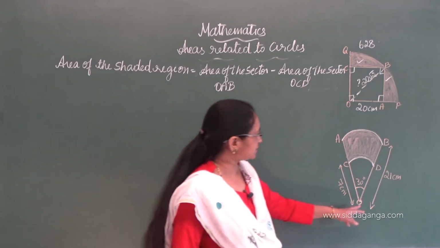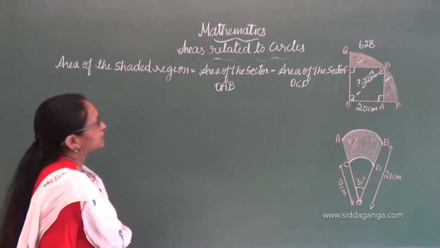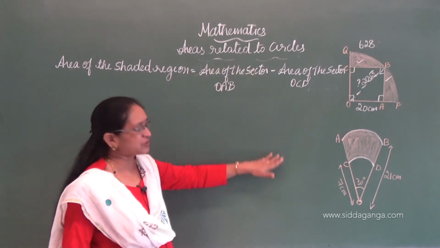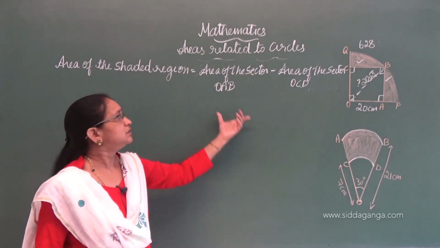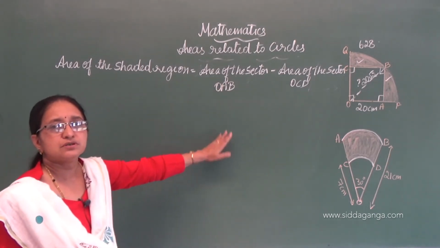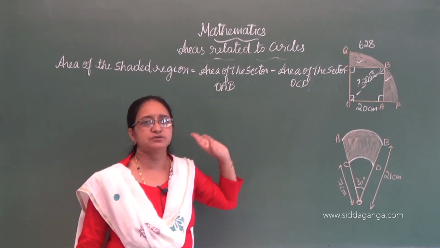Okay, area of the sector OAB minus area of the sector OCD. Now, we can do this sum at a time, or if you want, you can do it separately. I am going to do it at a time because some things are common here, so I want to use it.